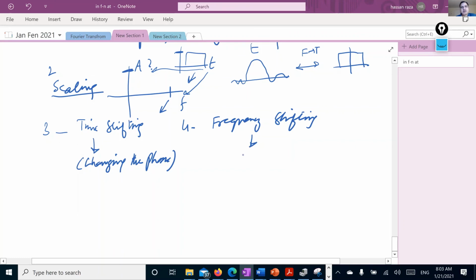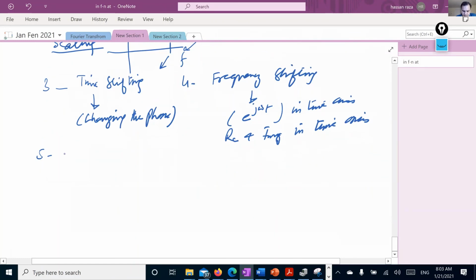And here I summarized that you are bringing in the notion of e j omega t in the time axis, and we observe that we are getting real and imaginary components. But I told you we will be more practically involved in applications like modulation. So these are properties, and applications are modulation and convolution. And from here, we entered into the fourth course.